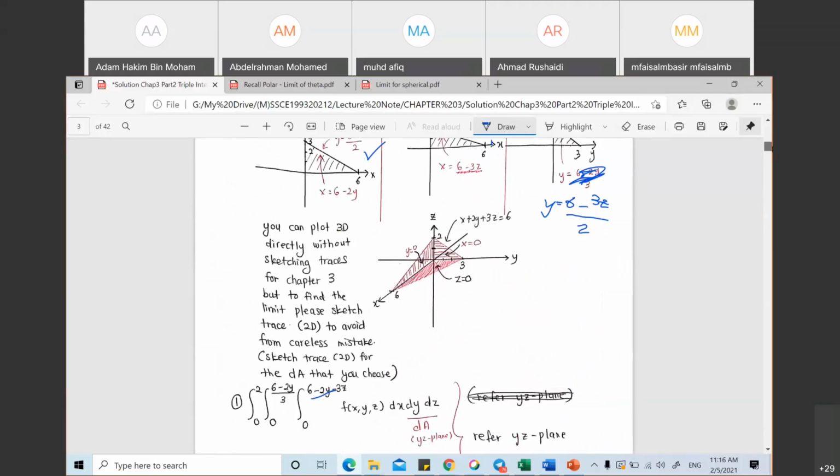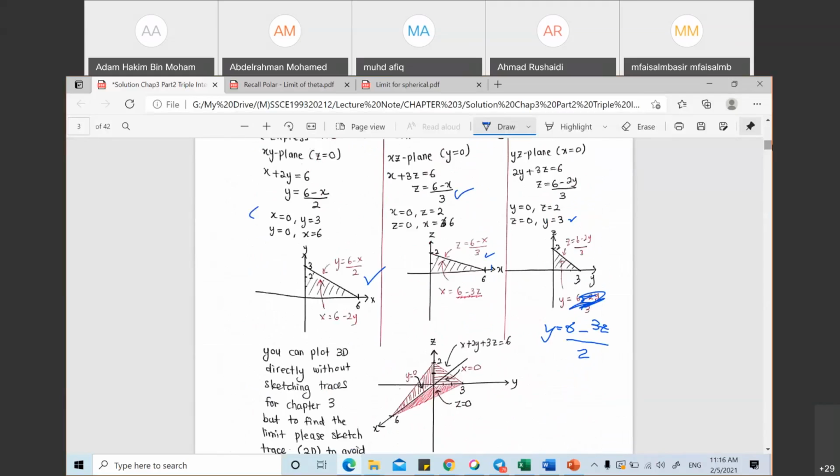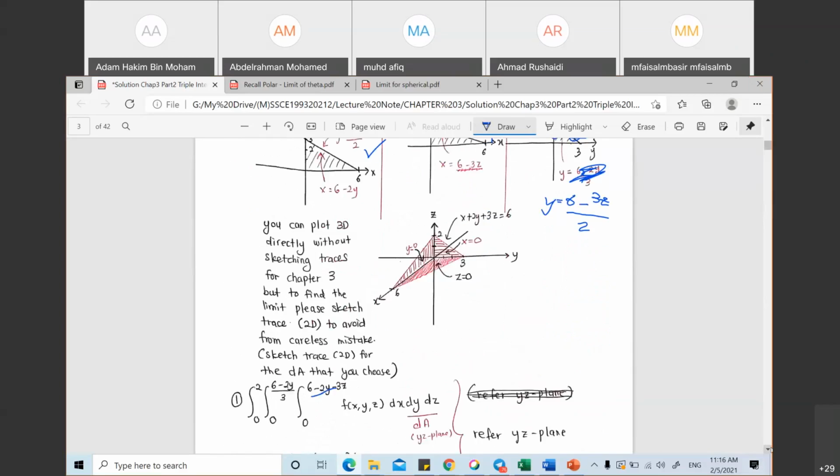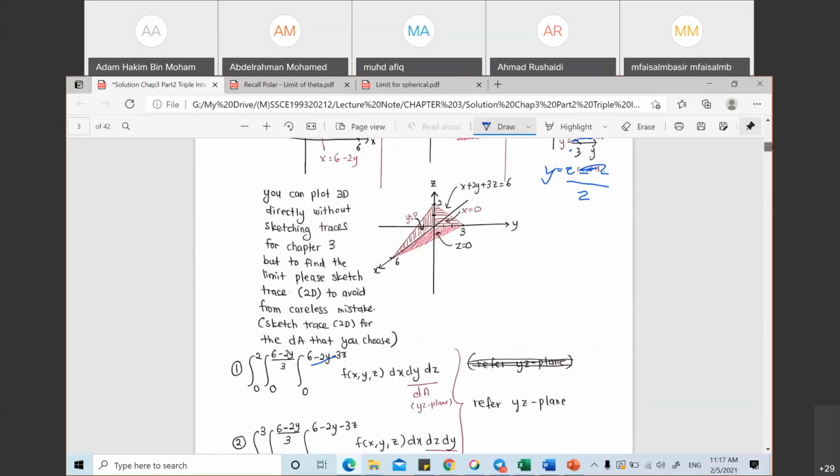And then your dy dz, which means cut at z. So here to here, z is 0 to 6 minus 2y over 3, and your z is 0 to 2. Okay, correct.